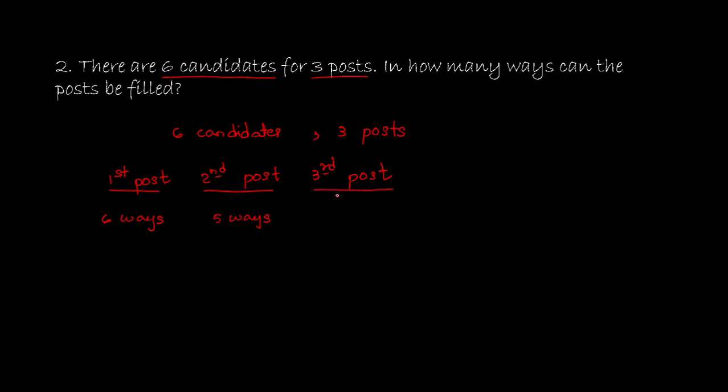And there are 4 candidates left for the third post, so for the third post, there are 4 ways. How many ways can the posts be filled? The posts can be filled in 6 multiplied by 5 multiplied by 4 equals 120 ways.